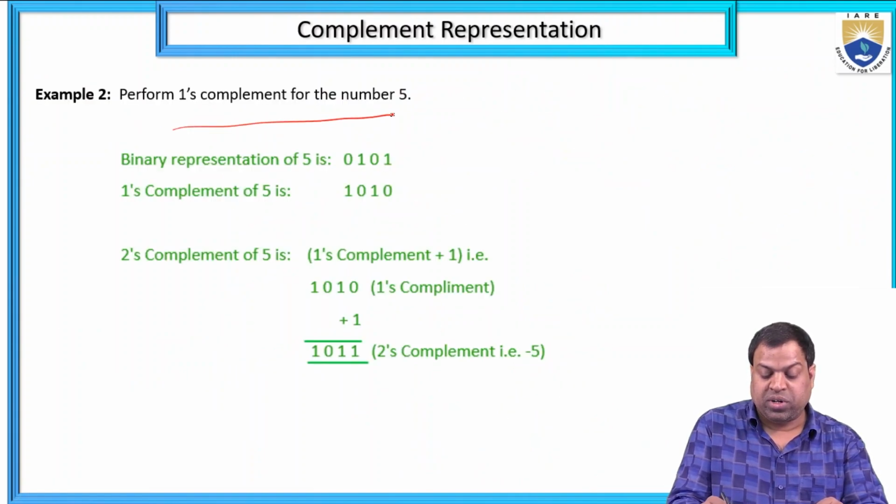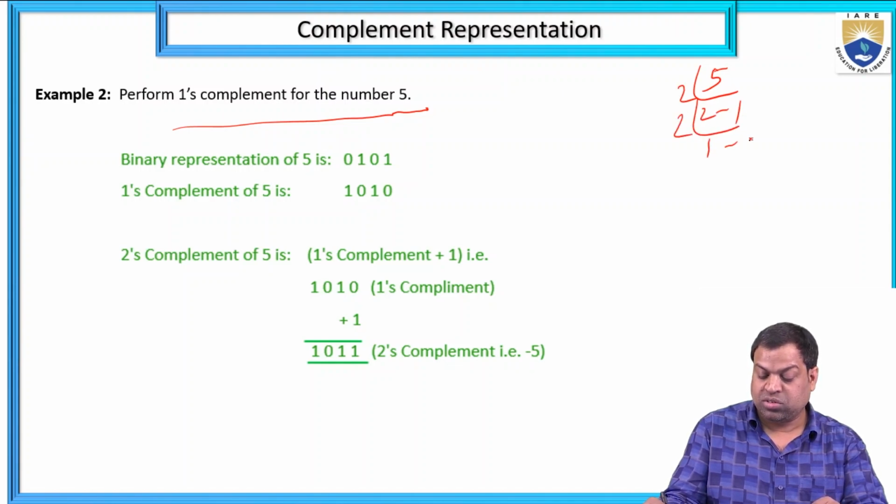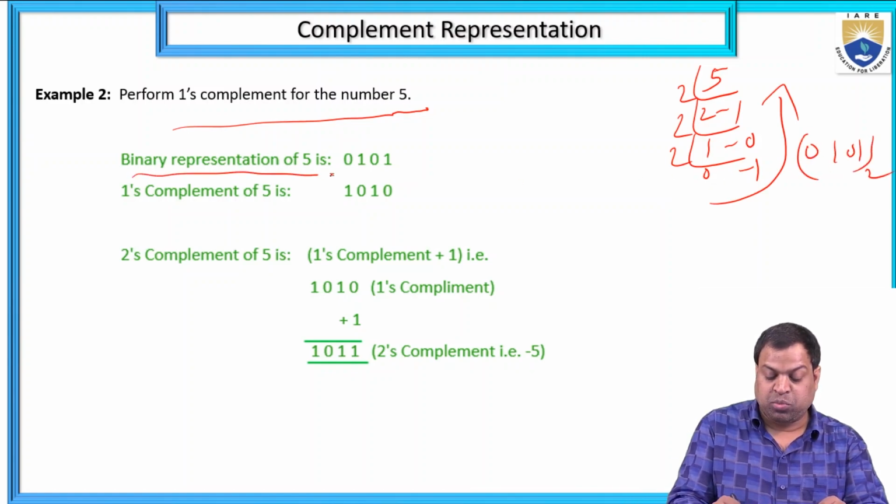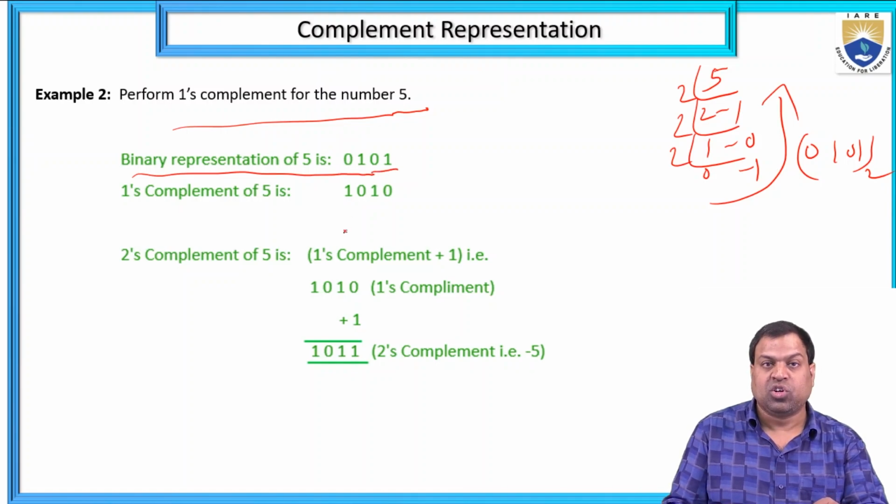Perform 1's complement for the following number: 5. In binary, what is the value of 5? 2 twos are 4, 2 ones are 0, 2 zeros are 1. So 0101 is the binary representation of 5. But what is asked?